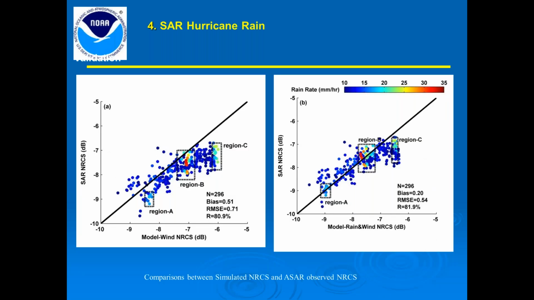And this is the theoretical study we did to see the rain rate versus the normalized radar cross section. From those types of charts, you can pretty much understand each term's contribution. So there are 5 or 6 effects when the raindrops hit the ocean surface.